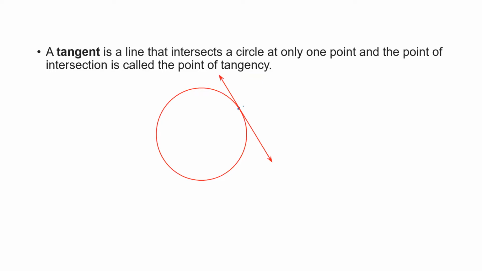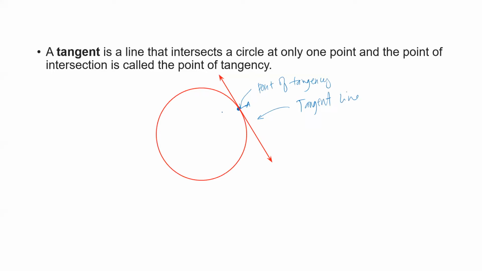Say for example, this is point A. Since it intersects the circle at exactly one point, we call it a tangent line. Now, this point where it intersects is called the point of tangency.